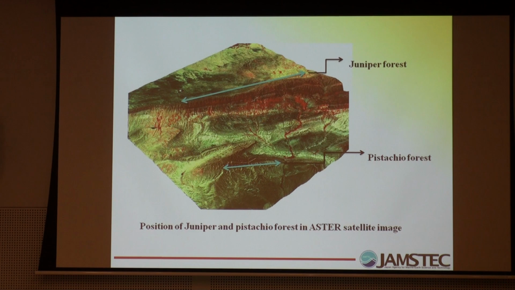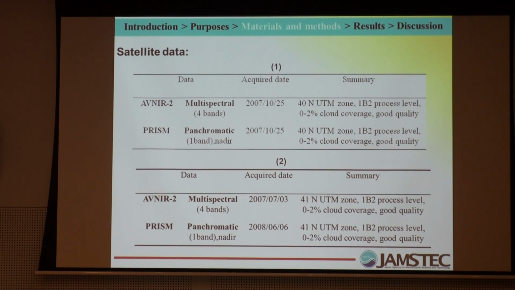Juniper forest is mostly located from 1,000 meters up to 2,000 meters, and pistachio is located from 600 meters above sea level until 1,200 meters above sea level. This is an image for both regions.